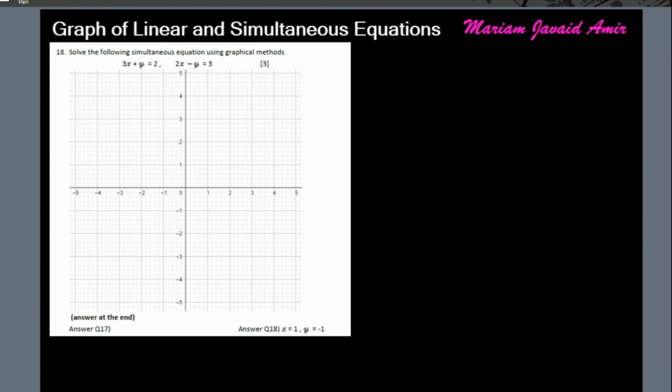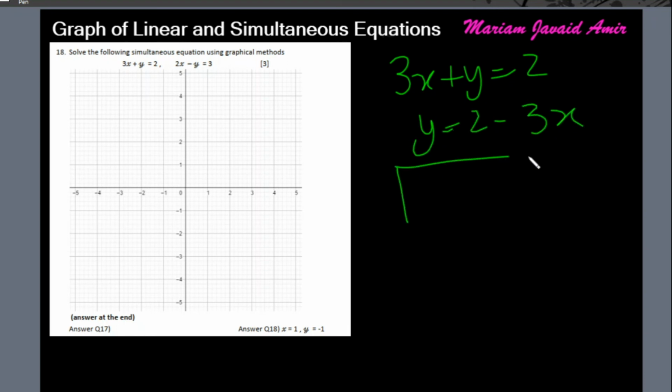Okay, so the last question for this worksheet is question 18, it says solve these simultaneous equations using graphical method. So we need to draw the graphs for both these equations. The first equation is 3x plus y equals 2. Let's rearrange to y equals 2 minus 3x.